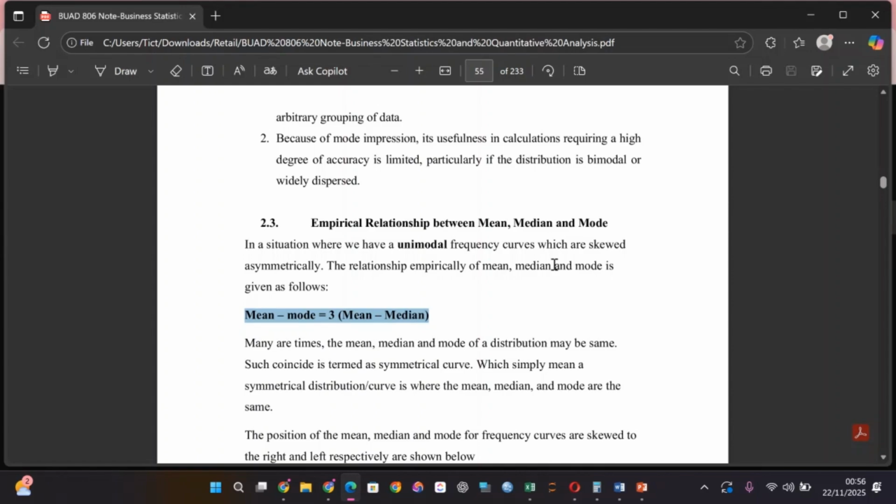You are starting from 2.3, right? Page 55. Yes, I'm seeing here that there's a unimodal frequency curve. Mean minus mode equals 3 brackets mean minus median.